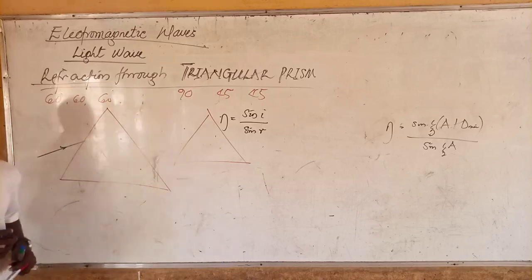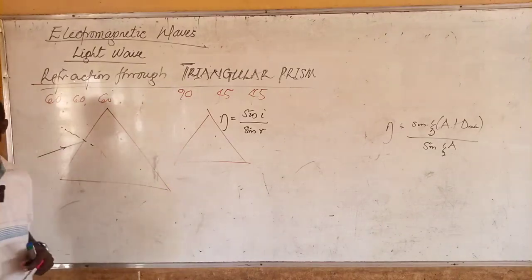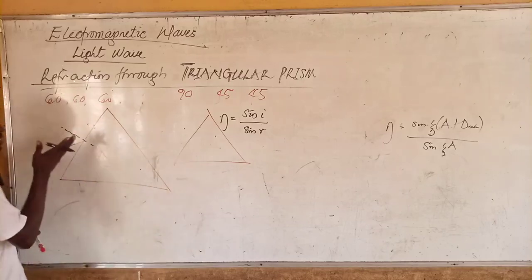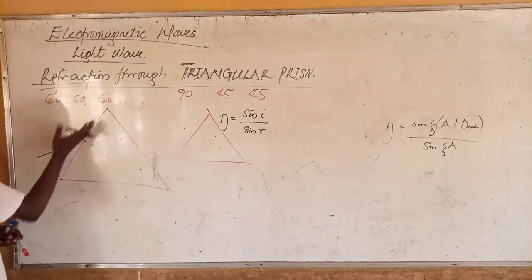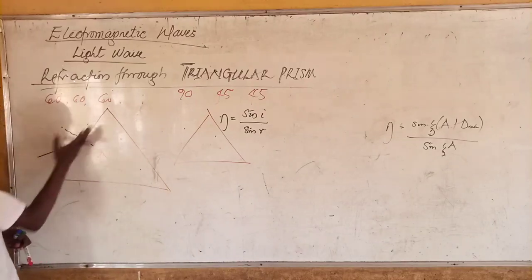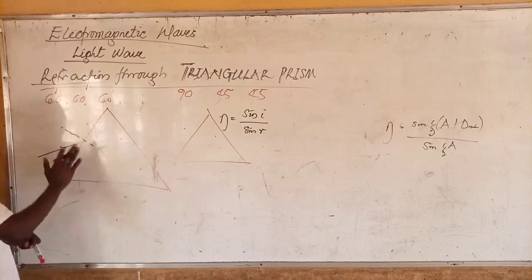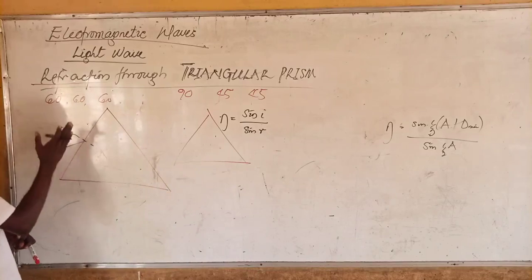Let me draw this bigger. Now, we draw it with respect to the normal. Bear in mind that the normal is always drawn with respect to the interface. It is directly perpendicular to the surface of that prism, so it should be drawn at right angles to the flat surface of that prism.